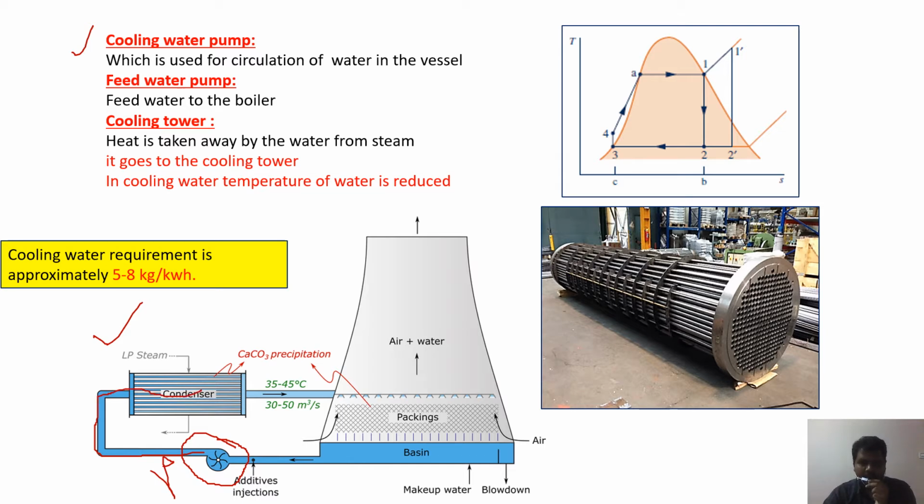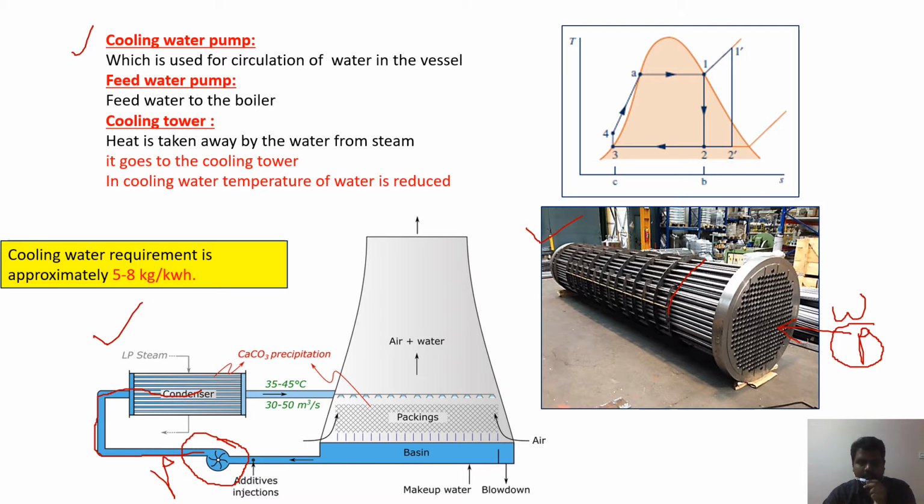This is the shell and tube heat exchanger. It will have a number of tubes. Inside the tubes we need to send water, and to send water we require a pump. Since we are sending the cooling water by using a pump, this pump is known as the cooling water pump.